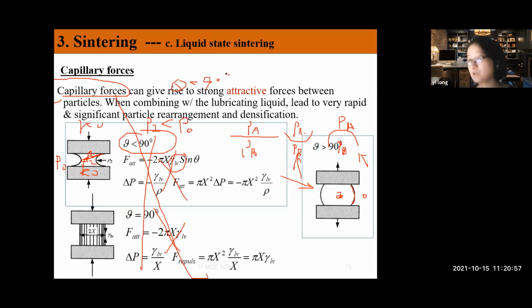Combined with the lubricating liquid, this capillary force gives very rapid particle rearrangement and densification. That is why the liquid phase helps densification. Always remember this condition, theta less than 90 degrees. An attractive force means you're going to densify much faster. That is the essence.